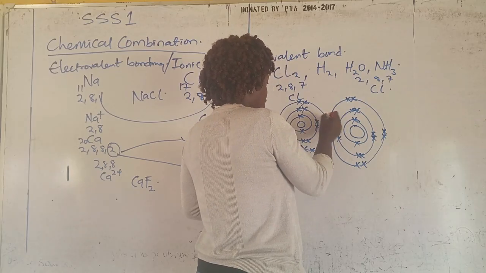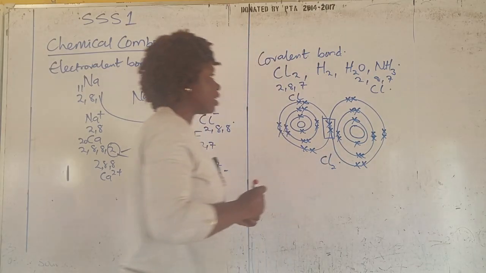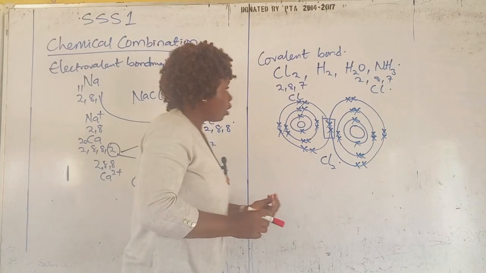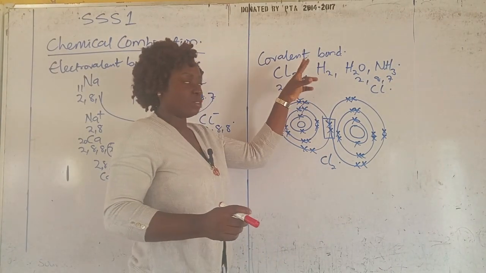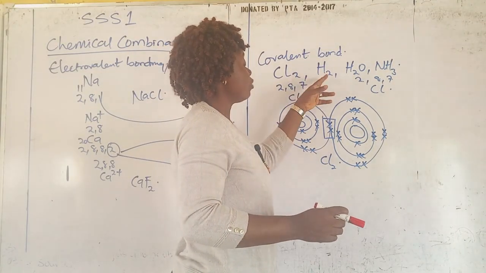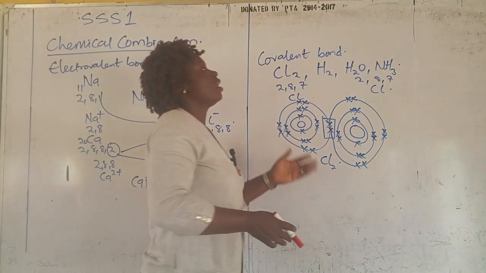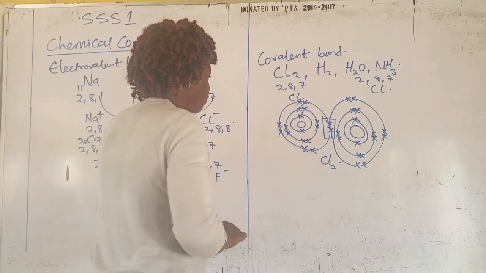So this is what they are sharing together, and that is how our Cl2 is formed. Yes. Okay, the same idea, you can actually use it for the hydrogen molecule. Then you can also do it for water, but let me show us how ammonia will be formed.